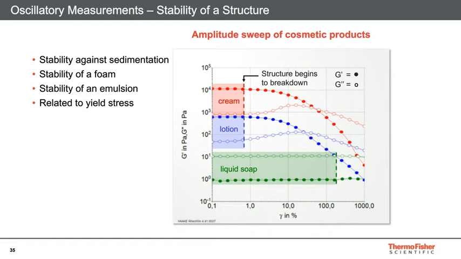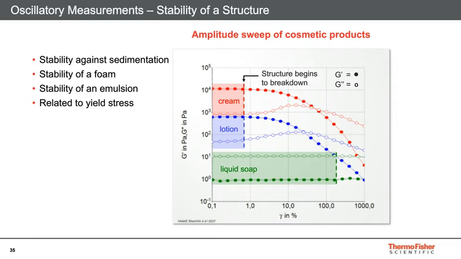You can break down that modulus into its elastic component, G prime, which represents how solid or elastic-like the material is. Or you can get G double prime, which represents the viscous components within the material. The G prime, the solid-like behavior, is represented in the filled symbol. The viscous or flowable portion of your sample is represented in open circles here.